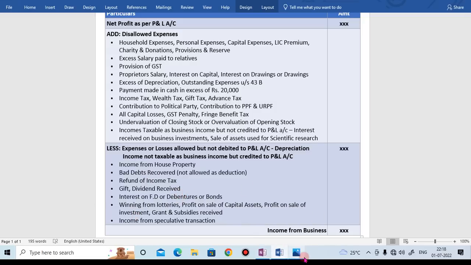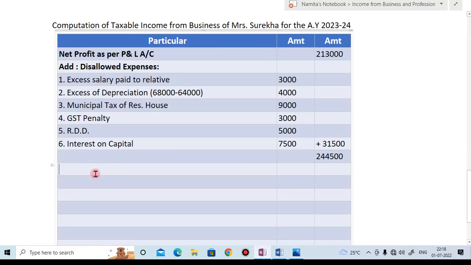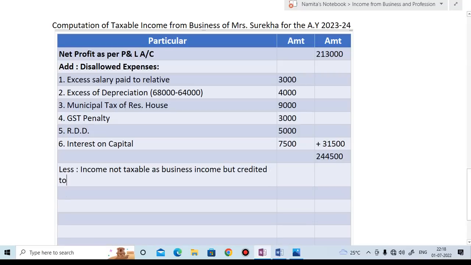Now in the format, write: less income not taxable as business income but credited to P&L account.